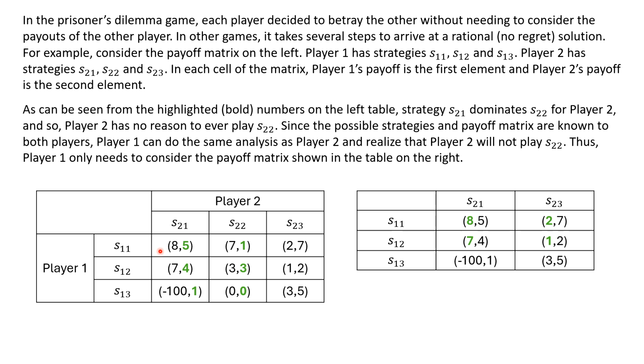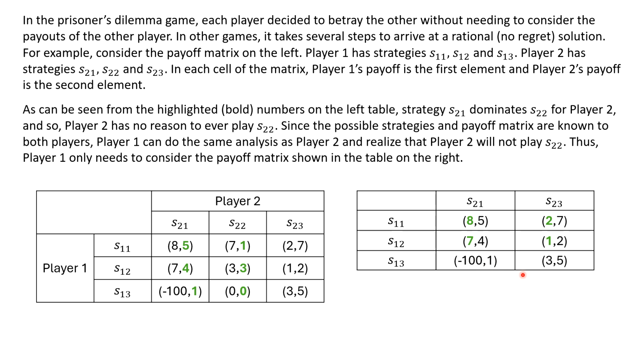So if player 1 looks at this and sees that player 2 always does better with strategy S21 over strategy S22. You see 5 is greater than 1, 4 greater than 3, 1 greater than 0. So player 1 can assume player 2 is not going to play this strategy here, S22.